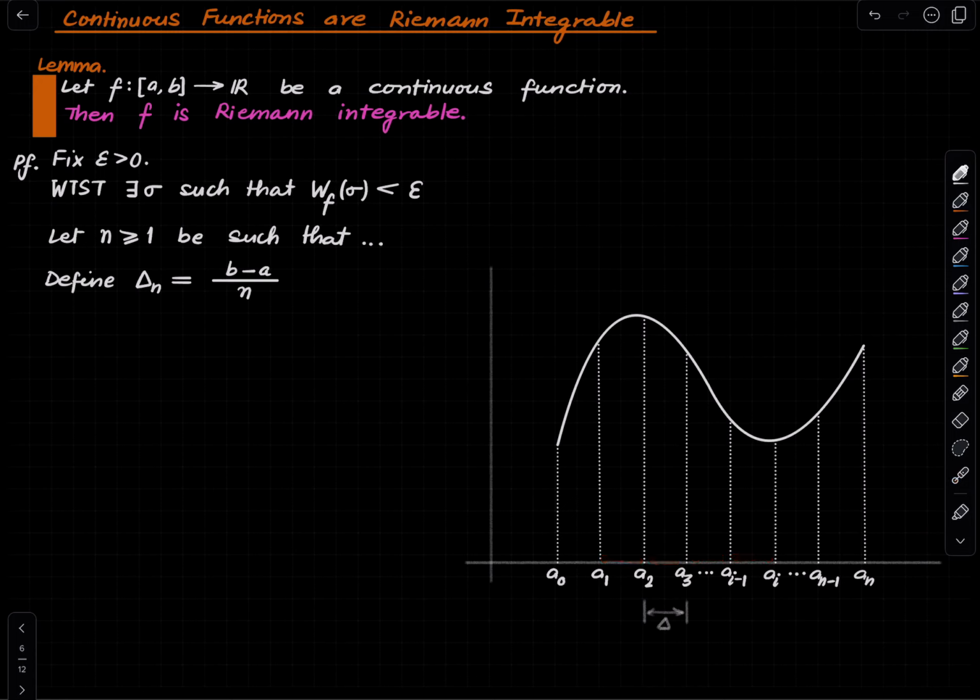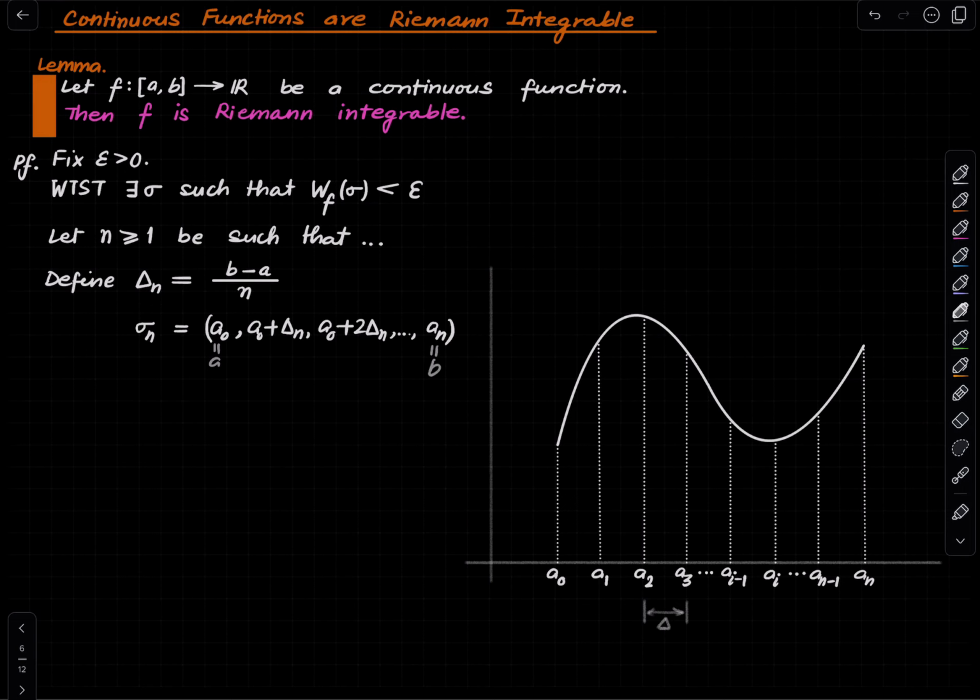So what is our subdivision? Sigma n is our subdivision, and that is defined as a0 equal to a, then a0 plus delta n, a0 plus 2 delta n, and so on up to an. So needless to say, a0 is a, and this is of course b. So that's our subdivision.